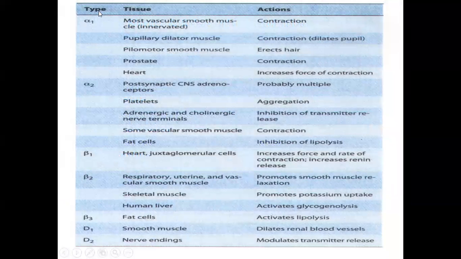Now this table shows the receptors alpha-1, alpha-2, beta-1, beta-2, beta-3, D1, and D2. Here is the list of the tissues where they are located, as we discussed previously. And these are the actions they initiate on stimulation, or inhibitory effects.